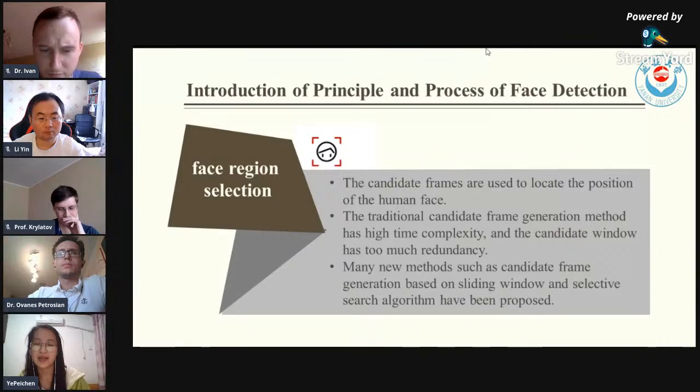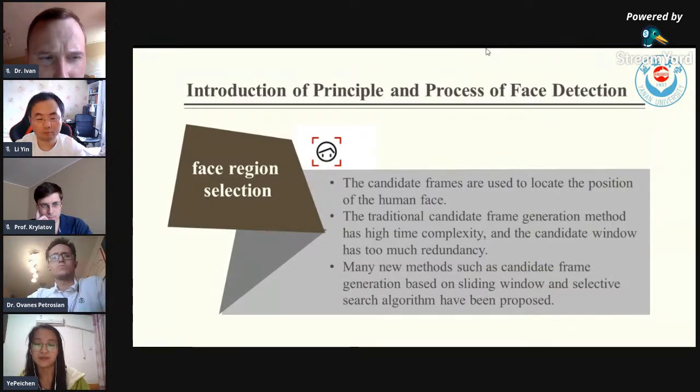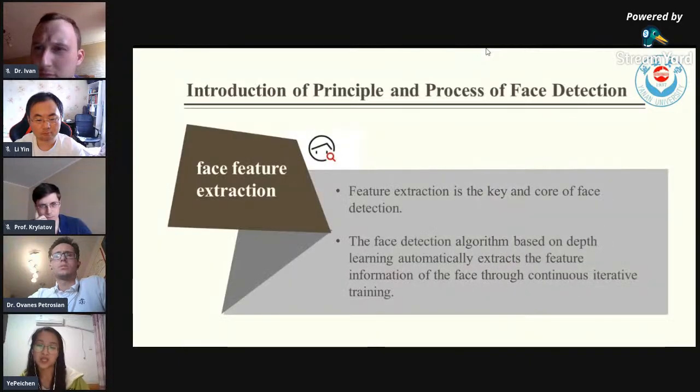This method not only has high time complexity, but also too much redundancy in candidate windows. In recent years, many new methods have been proposed to improve the generation and selection of candidate frames in the face detection process, such as sliding window-based candidate frame generation and the selective search algorithm. The quality of extracted features directly affects the accuracy of classification in subsequent stages.